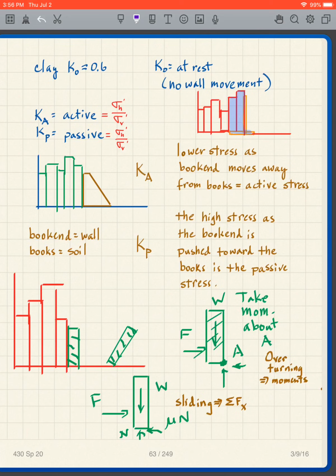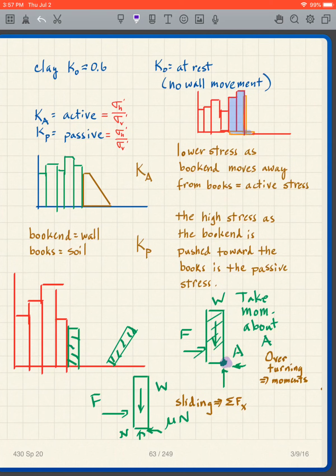For instance, let's just take this rectangular one here. If I'm worried about overturning, I take moments about this point here, the lower right-hand corner. As this thing starts to rotate, there's liftoff of the base, and I just have my force from my books and the weight of my bookend, and I'm taking moments of those forces about A.